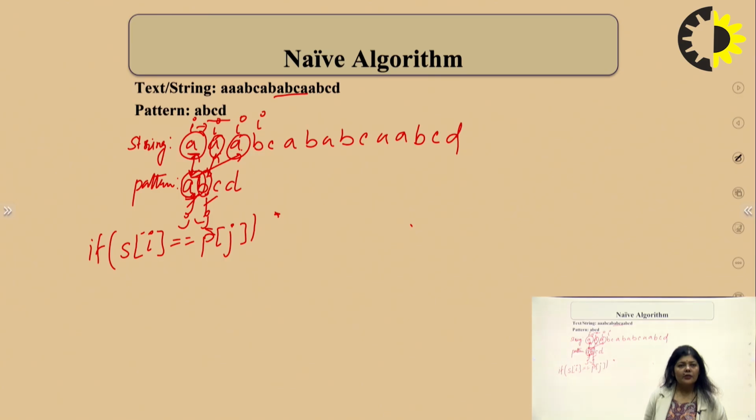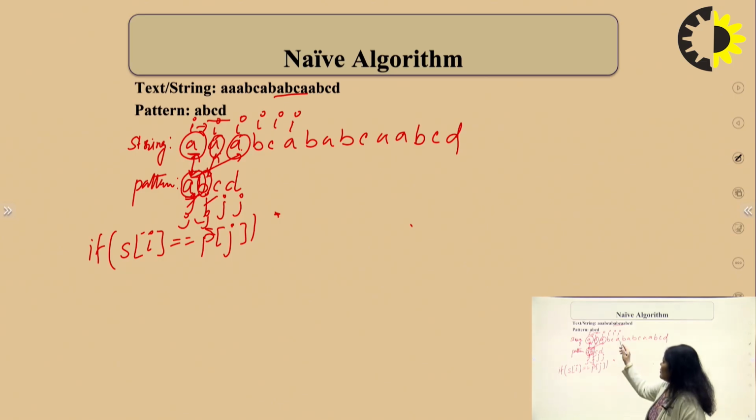Since there is a match, we are again incrementing I by 1 as well as J by 1. Now we are matching C and C, pointed to by J and I respectively. Again there is a match, so we will simply increase J as well as I by 1 place.